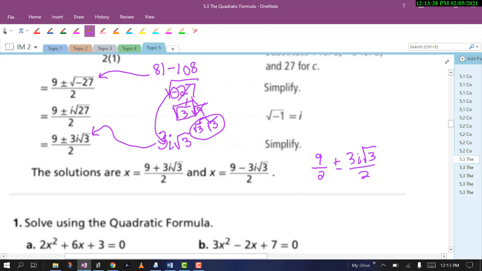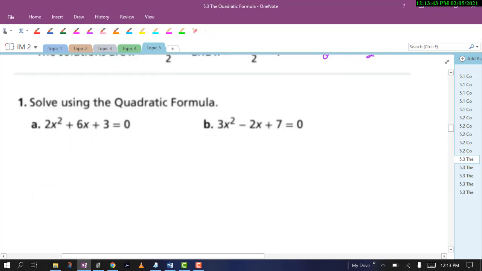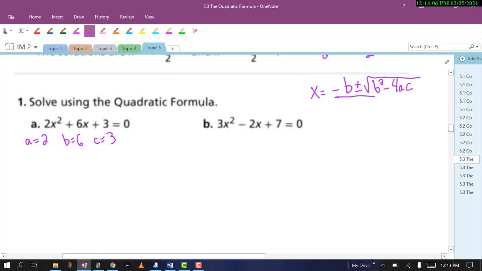So not too bad. So you just plug them in order of operations. So we got 2 more here. Let's write them out. A equals 2, B equals 6, C equals 3. And I'll write up our quadratic formula: negative b, or the opposite of b, plus or minus the square root of b squared minus 4ac, and all of that divided by 2a. So substitute in.